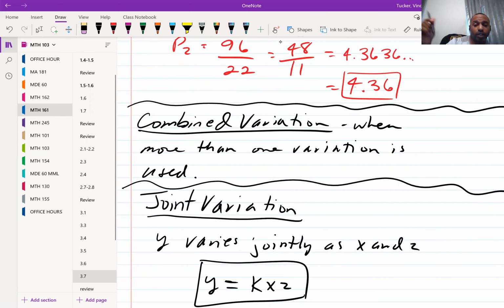So we're going to do both of those in the next problem. In case the terminology is used in MATLAB or something, combined variation is when you use more than one variation. But if it says varies jointly, that's K times X times Z. So you have another variable that you'll be multiplying with the K.